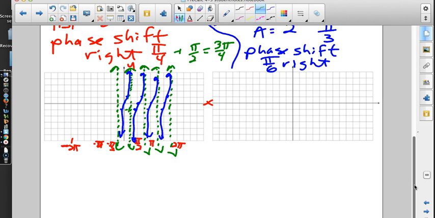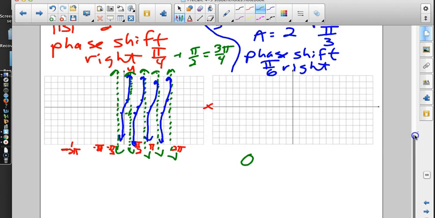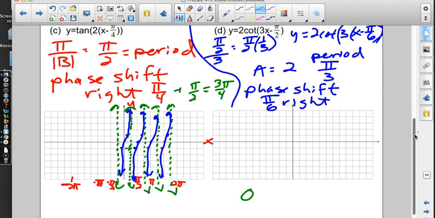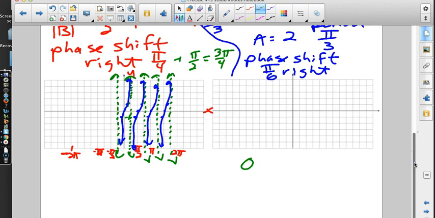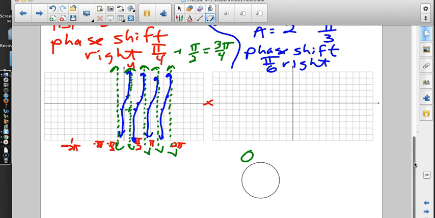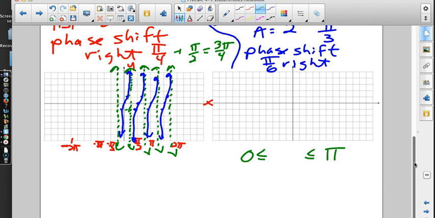We can set this up as an inequality again. We could say, okay, normally it would be from 0. Better check. This was cotangent, wasn't it? Yep, 0 to pi. But now we have some stuff affecting x. That's our 3x minus pi over 2.